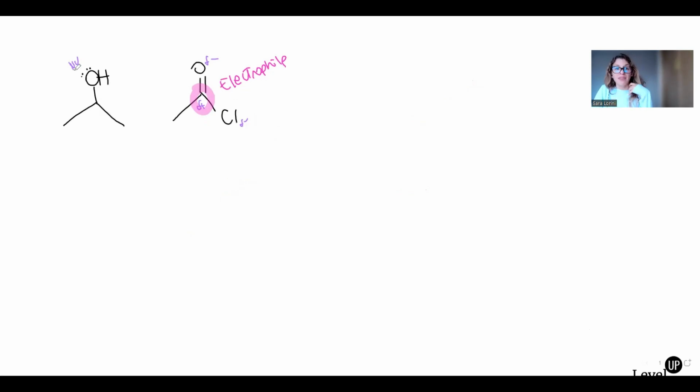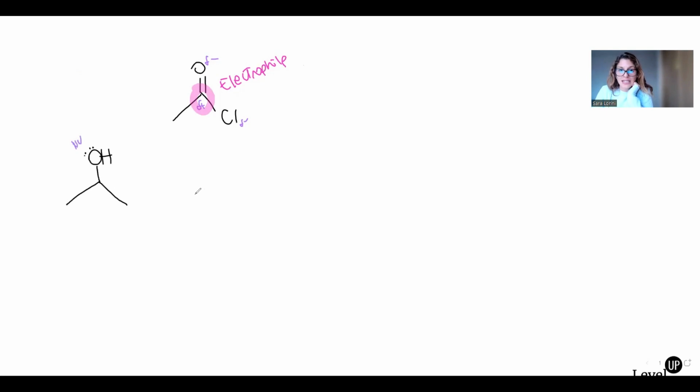We have the alcohol here, which could also react as a nucleophile. And then we have this carbon attached to a double bond oxygen and a chlorine, which, as we've seen, is the most common reactive center, an electrophile. So this is probably the most likely part of the molecule that reacts.